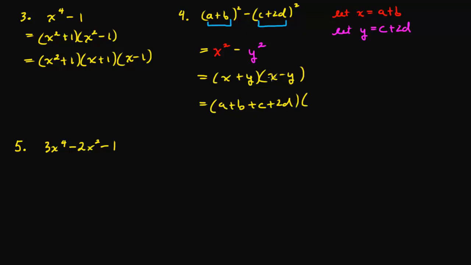And then again, in this other binomial, I can substitute a plus b for x minus, and remember that when I make a substitution, I have to include brackets around whatever I'm substituting. So here I've got c plus 2d that I'm substituting for y, so I'll write bracket c plus 2d.